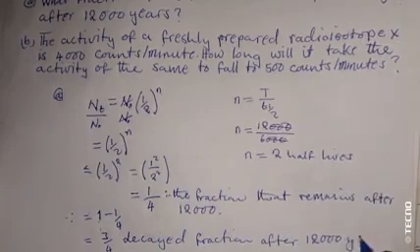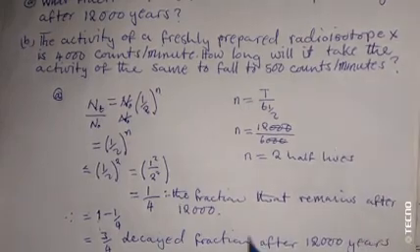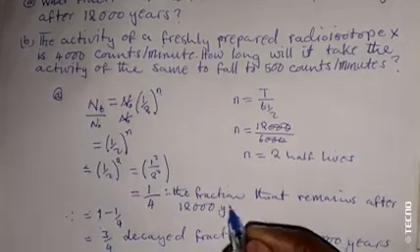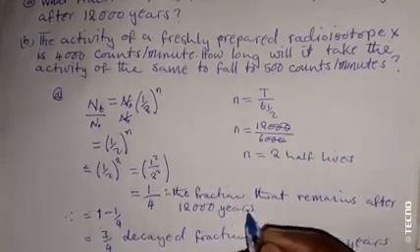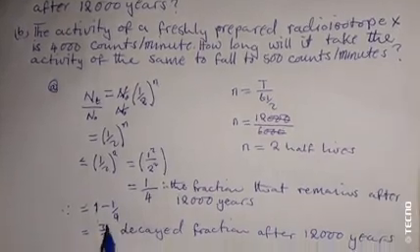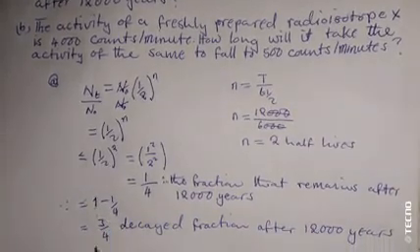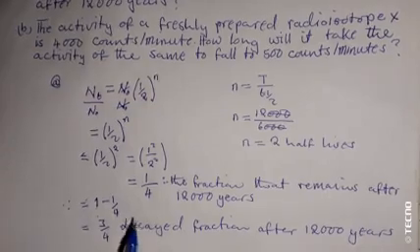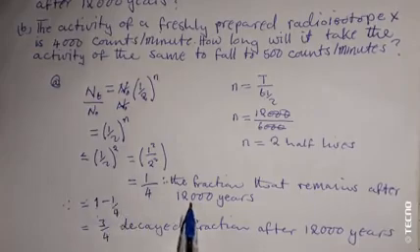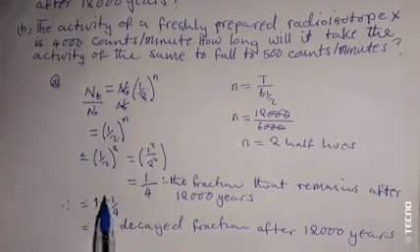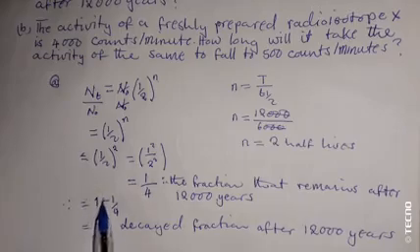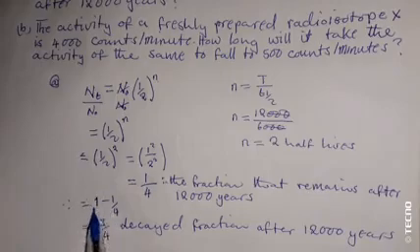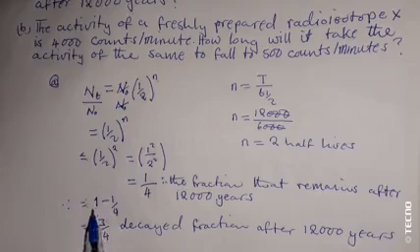Here, if I told you this was what remains, then what would decay is 3/4. First, we have just calculated what remains after 12,000 years, and then we subtract from the total amount, the total number that can decay.